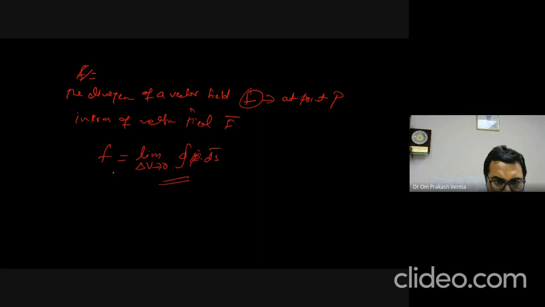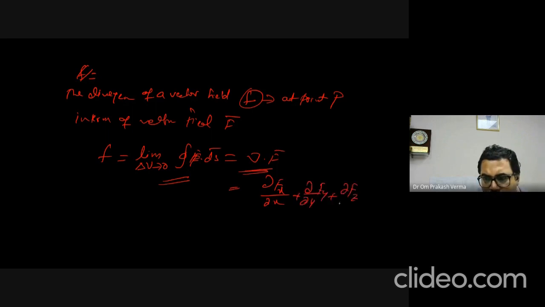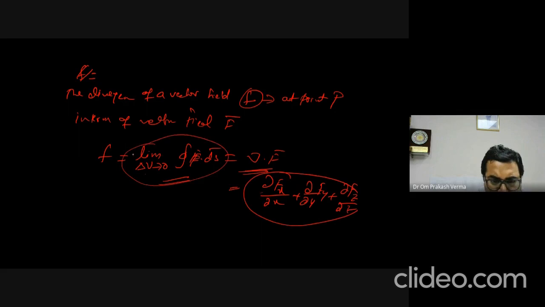It is calculated simply with the help of del dot F vector, which is del Fx of del x plus del Fy of del y plus del Fz of del z. So it is easy to calculate this instead of that integral.